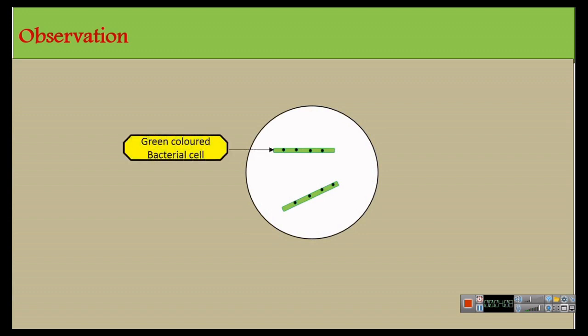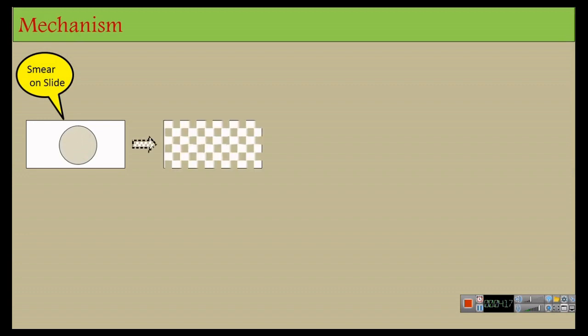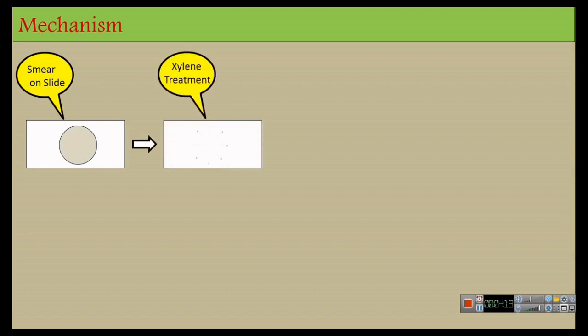Now we will discuss the mechanism of granule staining. Just as I told you, in the first step we prepare a smear of the sample. Then we treat that smear with xylene to remove the fats from the smear. This step is carried out only if curd is used for the preparation of smear because curd contains fat and the removal of fats from the smear is essential.